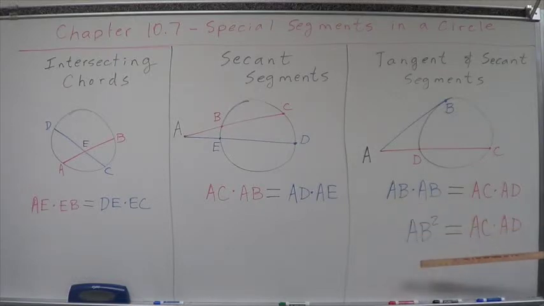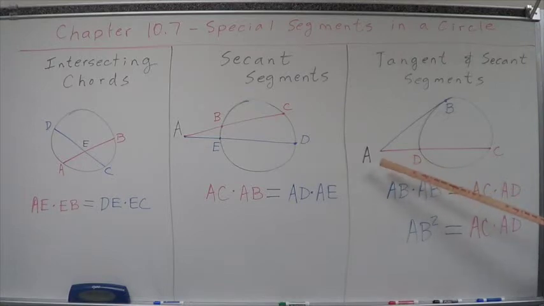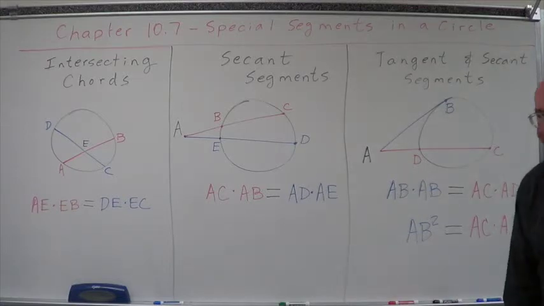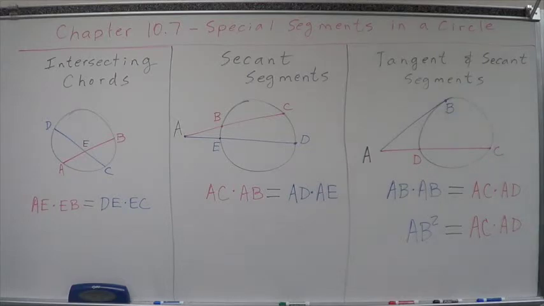Either this or this equals the entire secant times its external portion, okay? That gives you an idea of what they look like and how they compare with each other all on the same sheet of paper, so to speak. Look at them. We'll do some samples, and we'll be done with this.